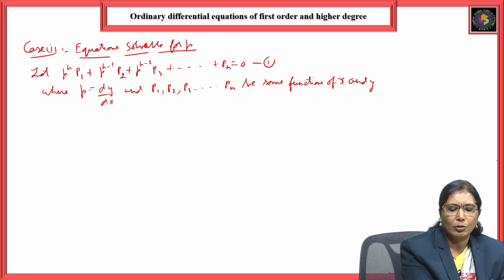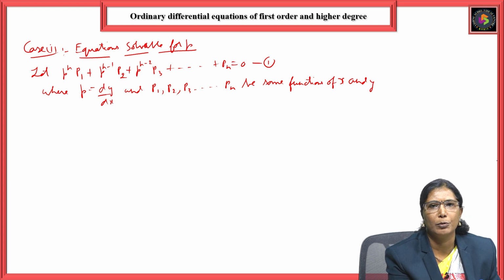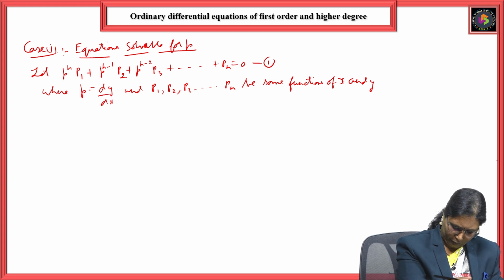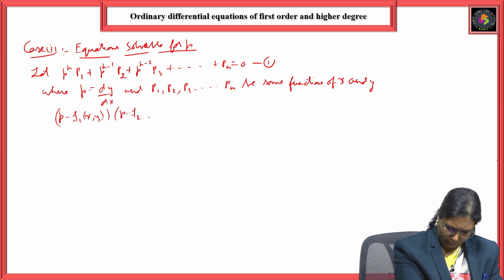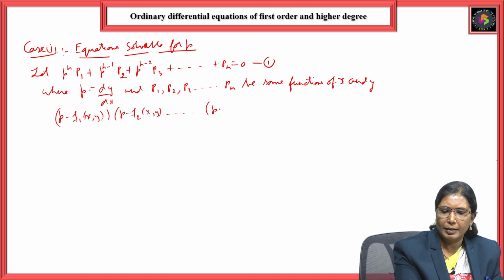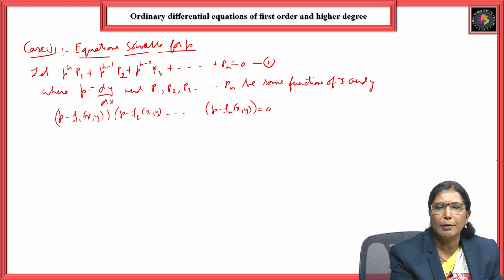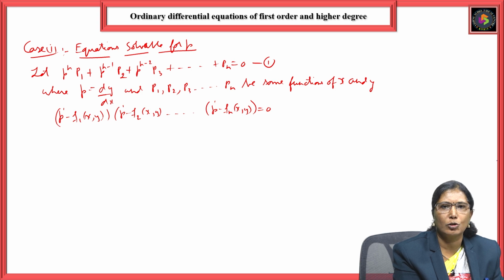Let us take p minus f1 of x, y, into p minus f2 of x, y, and so on, up to p minus fn of x, y. So we have n factors, and the degree of p is 1 everywhere.